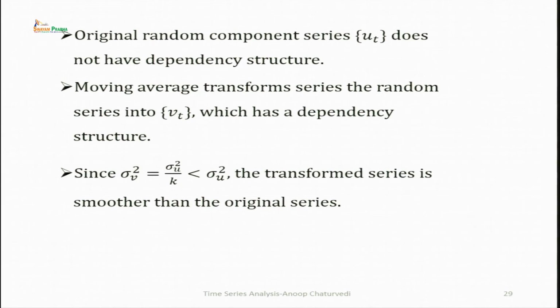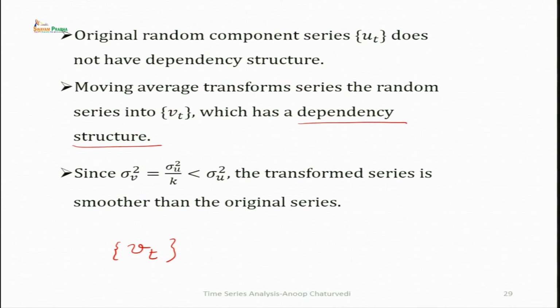So, the correlation between any two terms of u t's is 0, but after taking the moving average transformation, the transformed series, this V t, has different terms that are correlated. So, this series V t has a dependency structure.